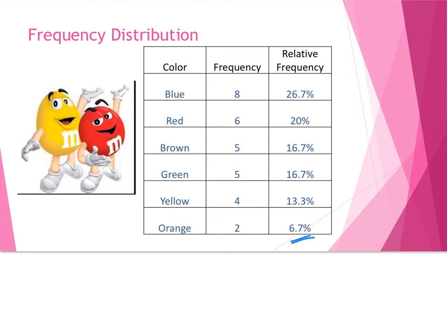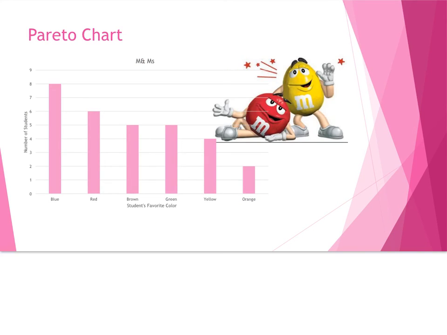Now I could make you another pie chart out of this one, but that's really not the point. I wanted to show you this was not ordinal data anymore. This was nominal data. And when I make a bar graph out of nominal data, it looks a little different. Since I always arrange my data from most popular to least popular, my data is always going to stair step down.